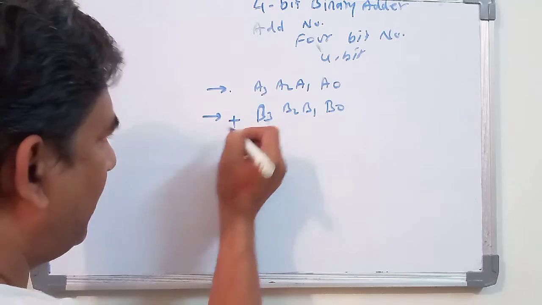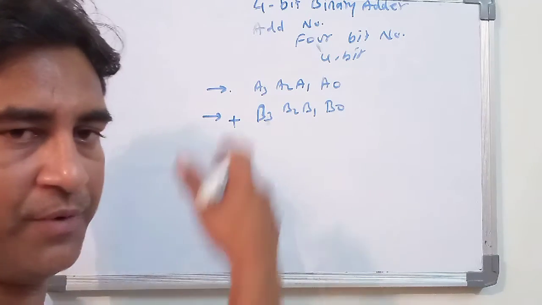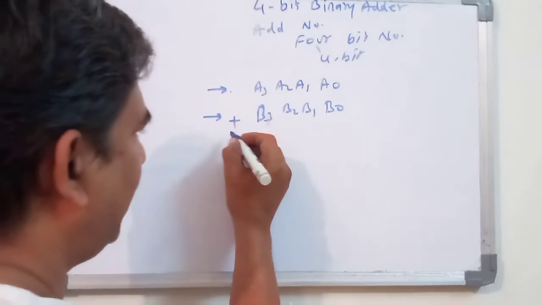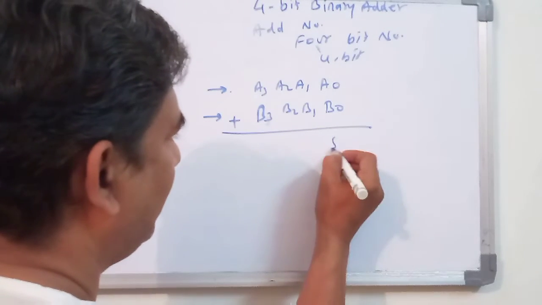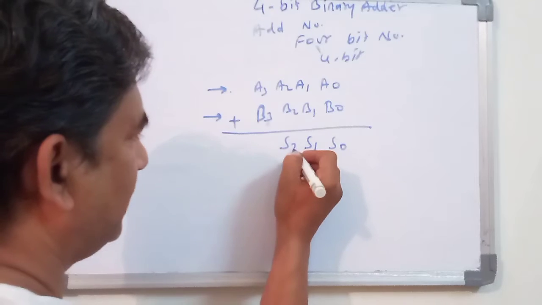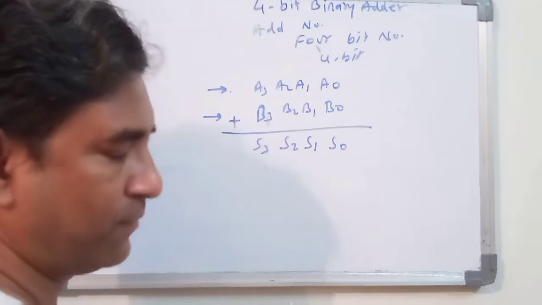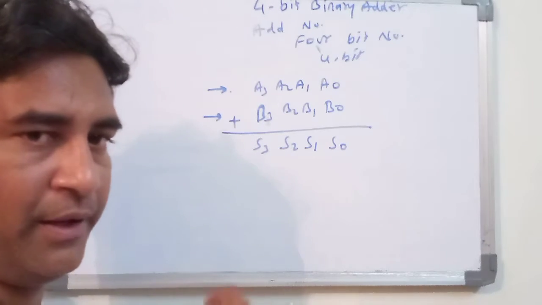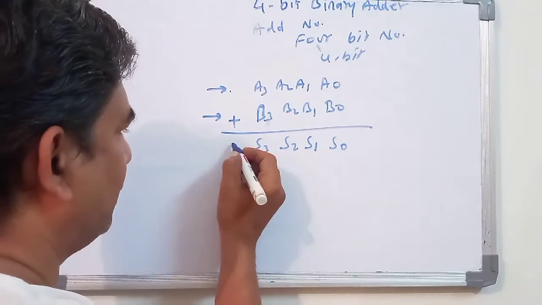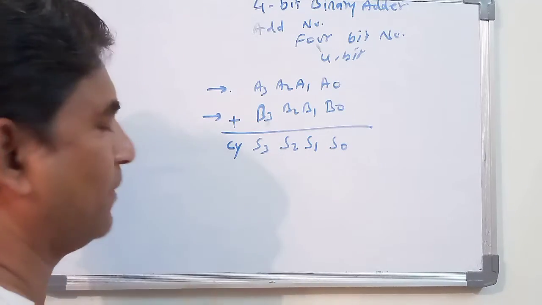Now if you add the first number with the second number, you will get the sum S0, S1, S2 and S3. In some cases you will also get a carry at the end, so you write it down as a carry.